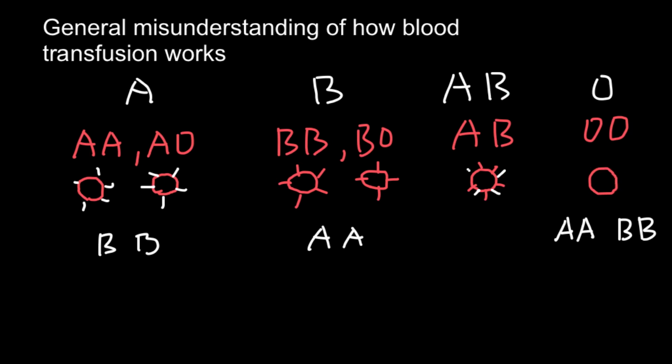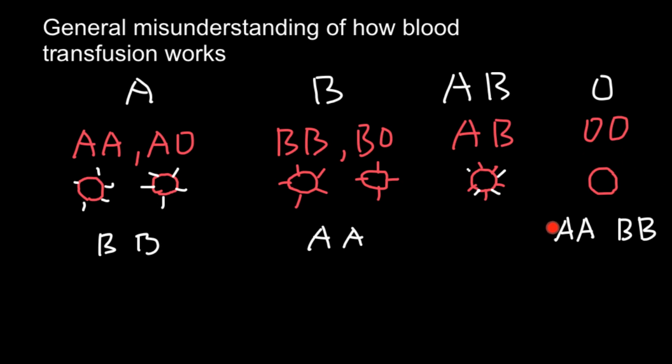The red blood cells would be fine here, because these red blood cells don't contain any antigens on the surface, and the plasma of this blood doesn't contain any antibodies. So this plasma wouldn't attack these red blood cells because the antibody is just absent.